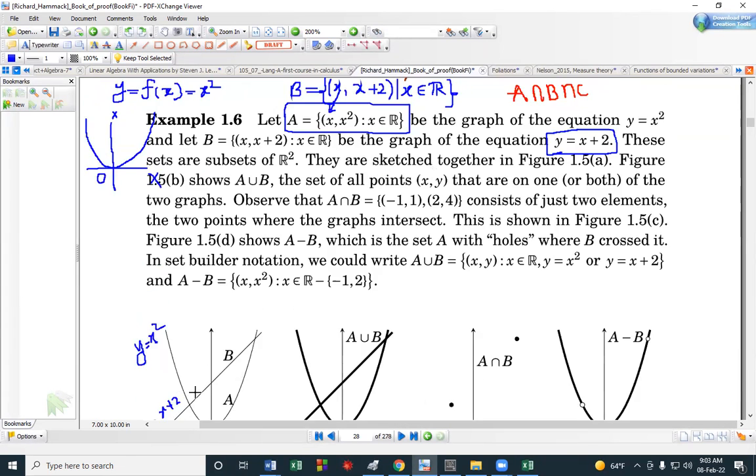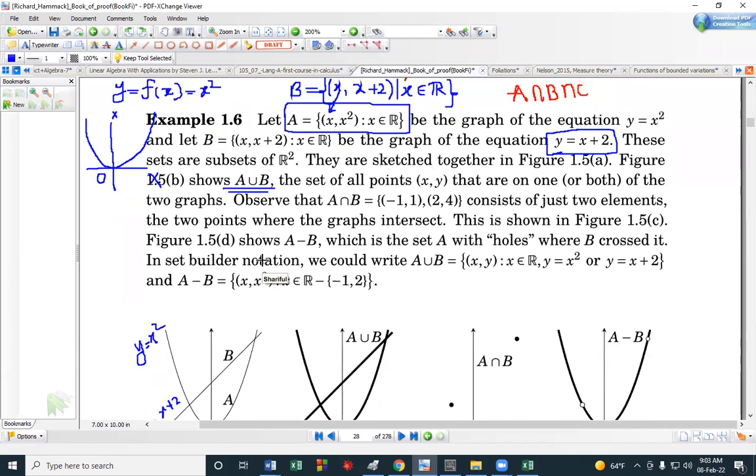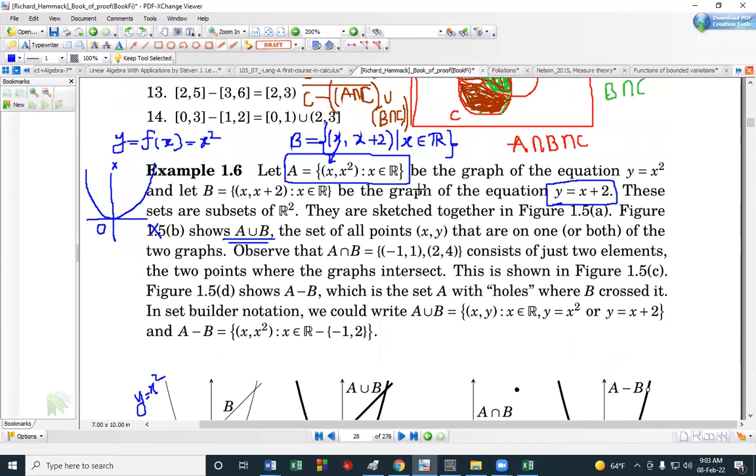Now they are saying, what would be their union? What is A union B? If you are given these two sets, what is A union B? What do you think? Anyone can help me?